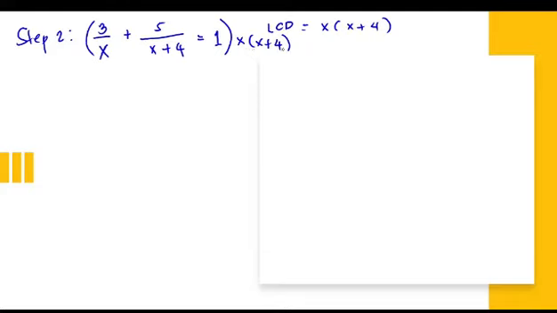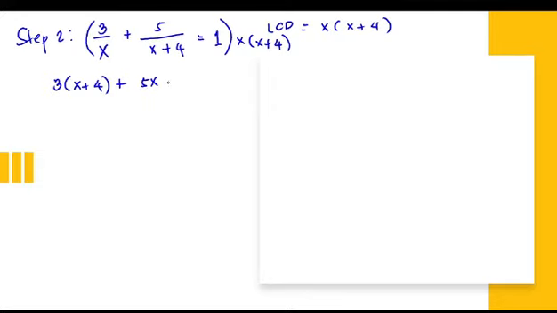So we will have x plus 4 divided by x, that is x plus 4, multiplied to the numerator, 3 times x plus 4. And then you copy the addition sign. And then for 5 over x plus 4 naman, x times x plus 4 divided by x plus 4. So, ang matitira is x times 5.